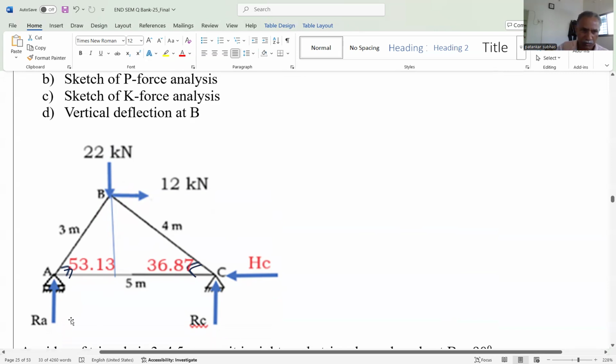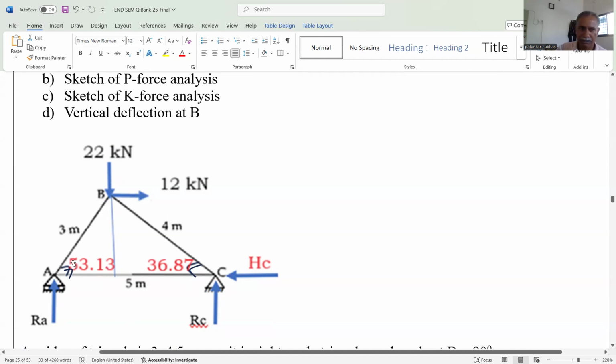Okay, so here the given distances are 3 meter, 4 meter and 5 meter. That means the lengths of all the members are given. So from this we can find out the theta. That means the angle made at B is 90 degree because it is the 3, 4, 5 triangle.